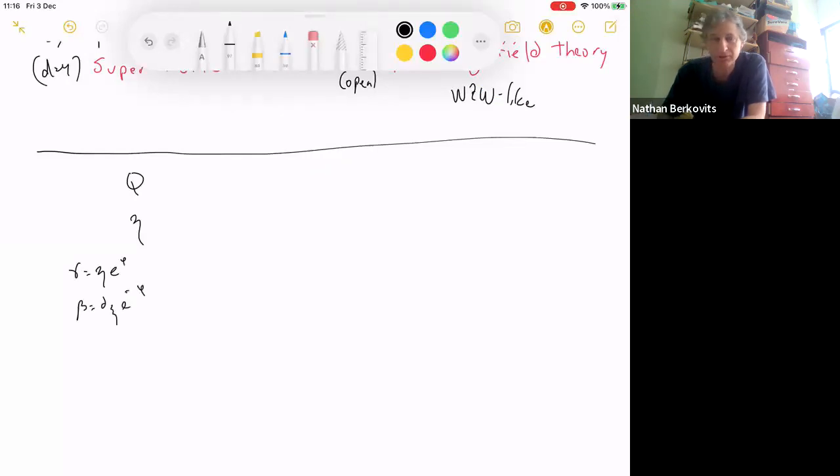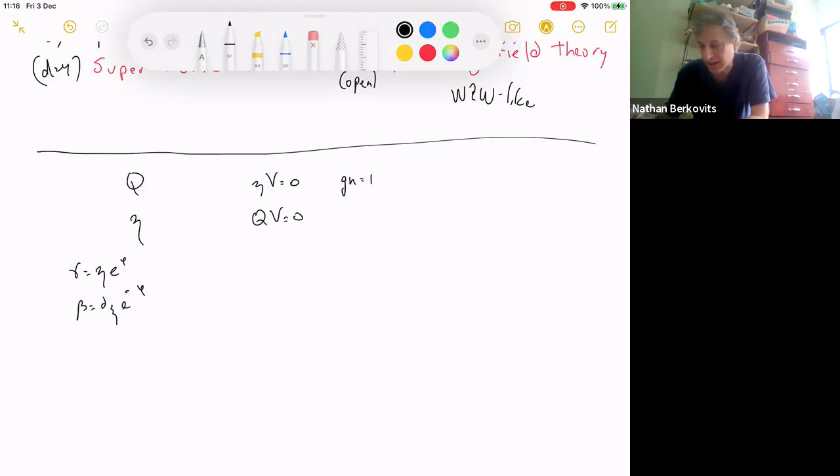And normally, in Neveu-Schwarz string field theory, you say the fields are annihilated by eta and have ghost number 1 and annihilated by Q. So that's what's called working in the small Hilbert space.